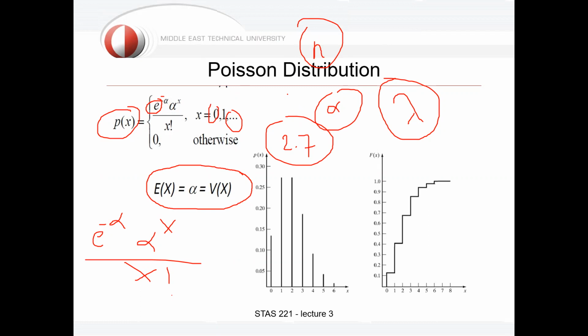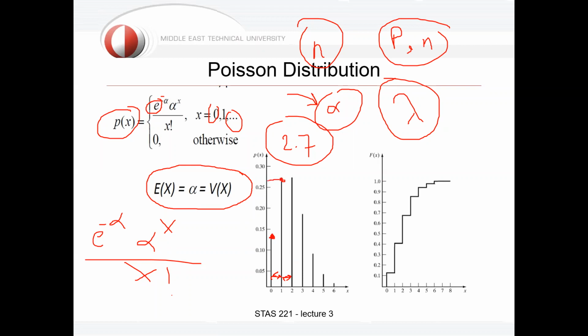As you can see, for the parameter we only have alpha. For the binomial distribution, we had the probability of success and the number of trials, so we should be careful about that. As you can see in the pictures, again, this is a discrete distribution, so obviously there are gaps between the points. The probability in the gaps is 0, so only these points matter.